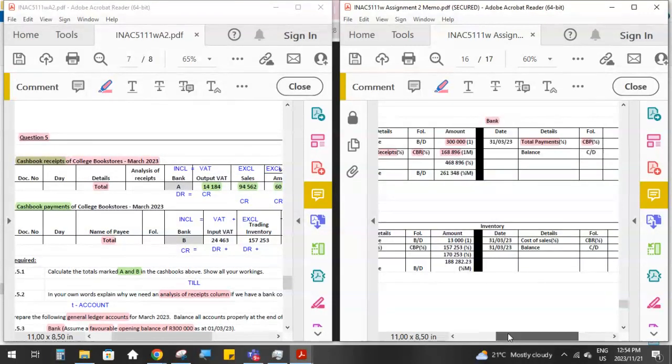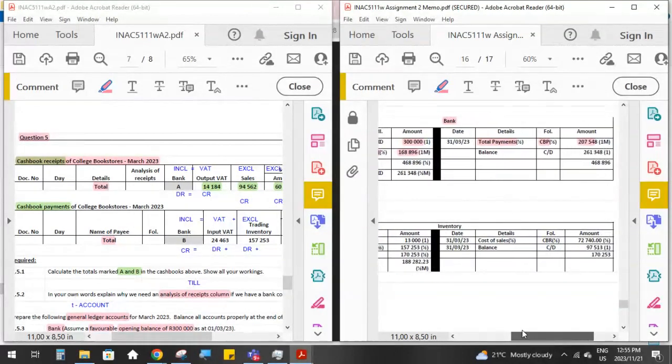Then you had to balance the account. So in order to balance an account, you add up the left-hand side and you add up the right-hand side. In this case, we've got 468,896 on the left-hand side. We only had 207,548 on the right-hand side.